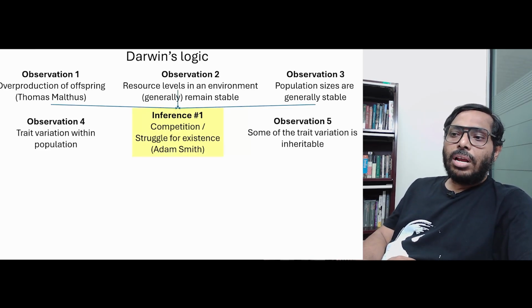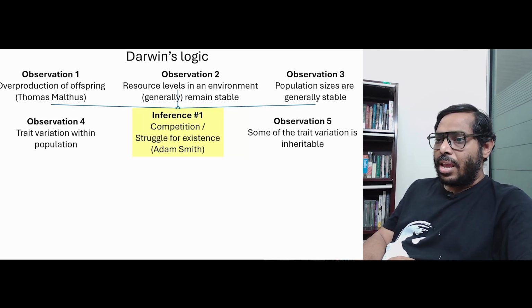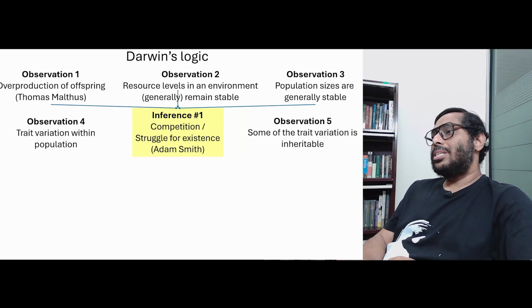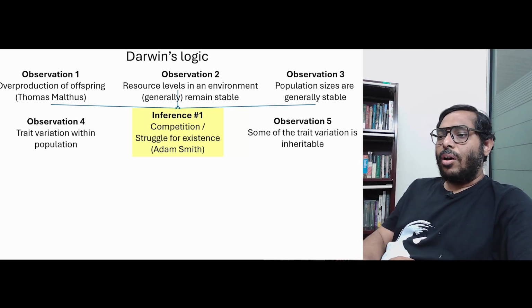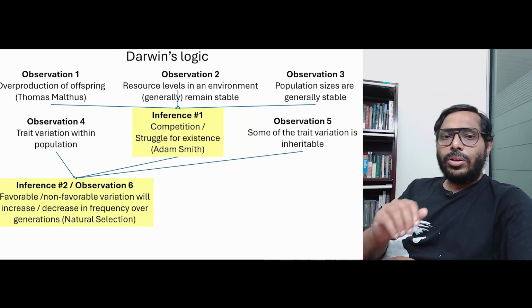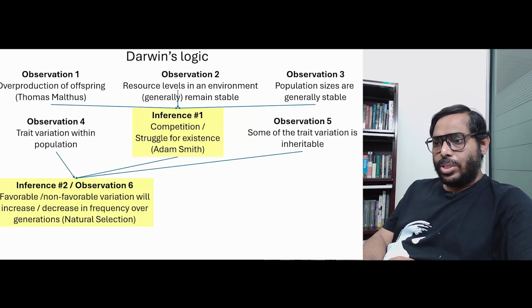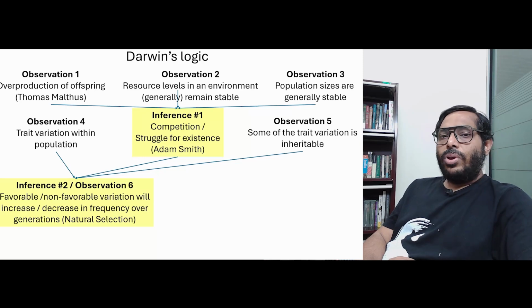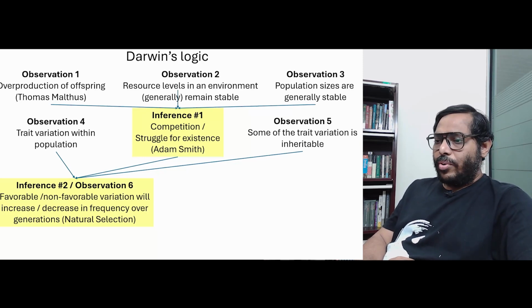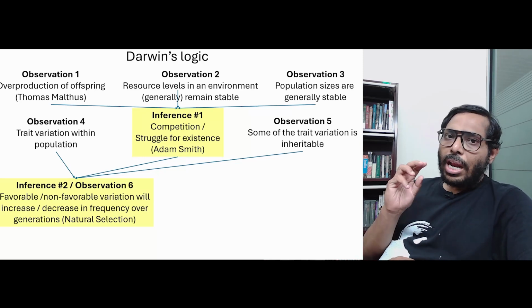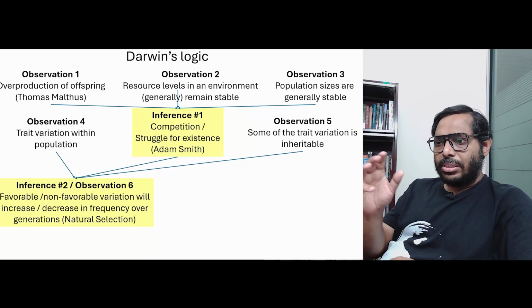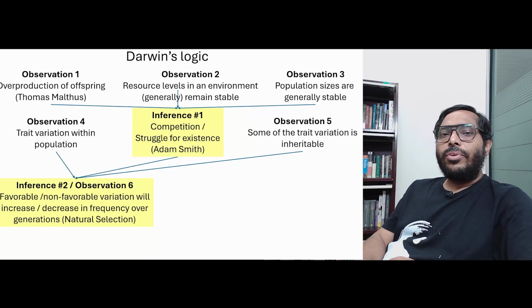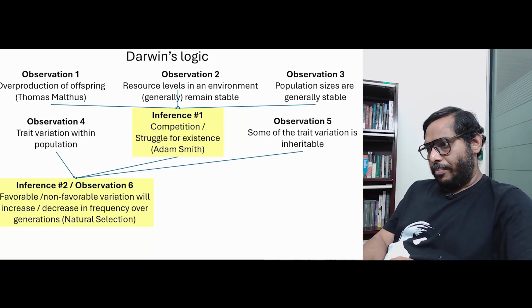On top of this, Darwin made two more observations: that traits vary within a population, and some of this variation is actually inheritable, which means that it can pass from the parents to the offspring. And based on this, Darwin came to the conclusion that favorable or non-favorable inheritable variation will increase or decrease in frequency over generations. And the process by which this is happening, that is what Darwin called natural selection.